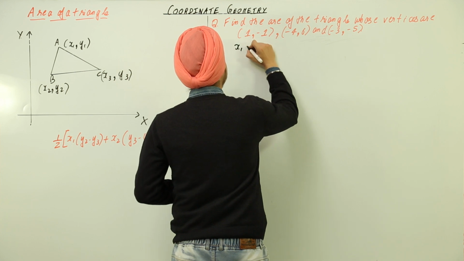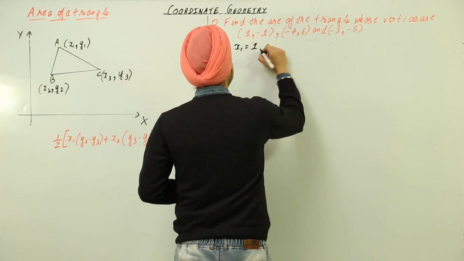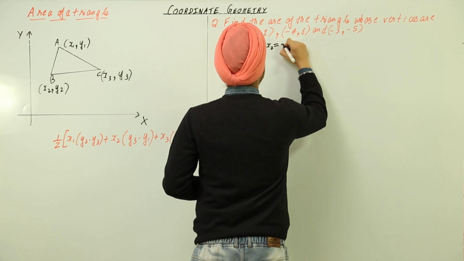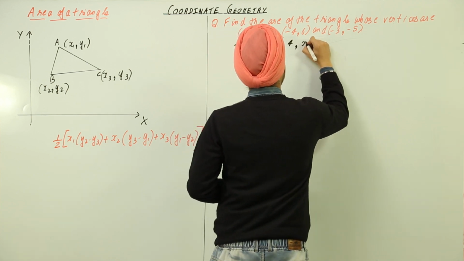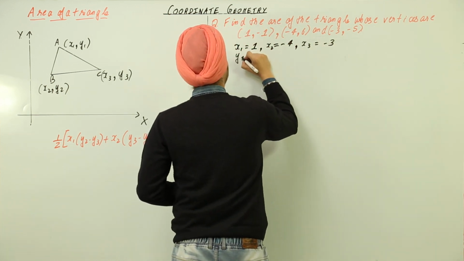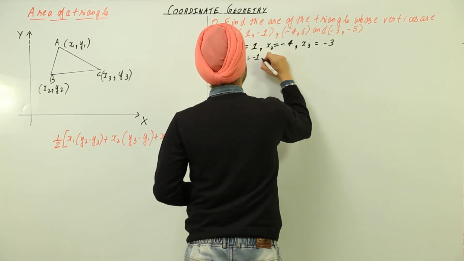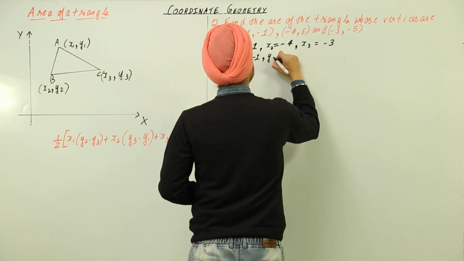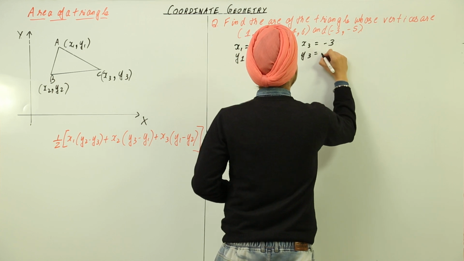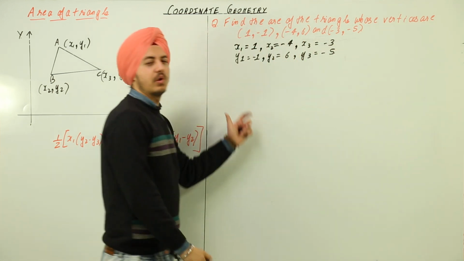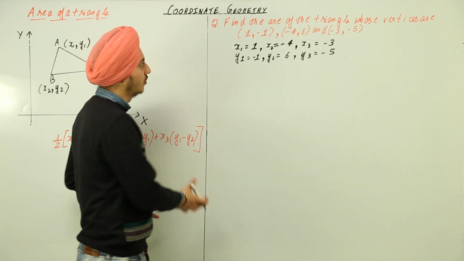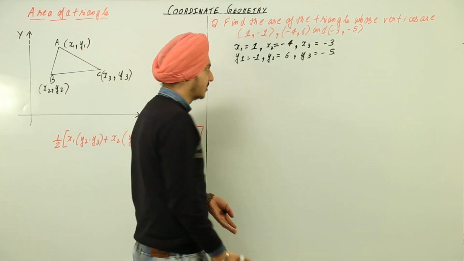So x1 is equal to 1, x2 is equal to -4, x3 is equal to -3, y1 is equal to -1, y2 is equal to 6 and y3 is equal to -5. I always prefer to write this first because then applying the formula is easy. There is less chance for you to make mistakes.